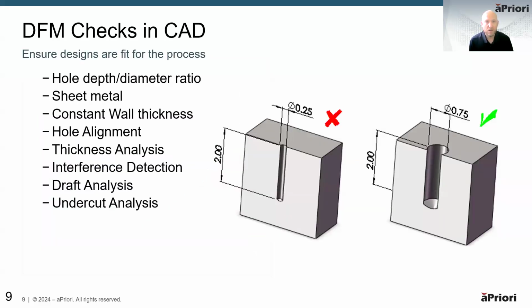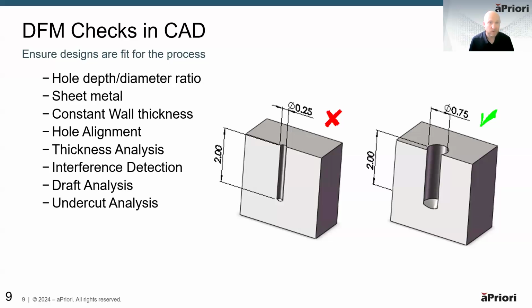Lots of 3D CAD tools have some DFM checks to make sure that designs are fit for the process that we're designing them for. We might be able to check things like the hole depth to diameter ratio, because we don't want a long, small diameter drill bit, since it's likely to break. We might want to ensure we can fold our sheet metal designs.